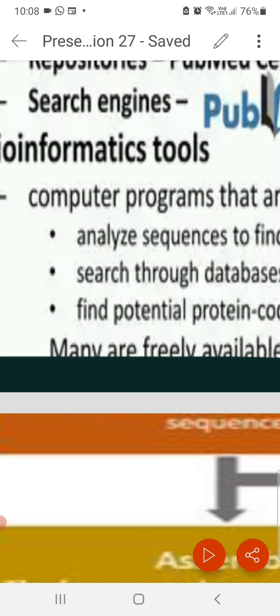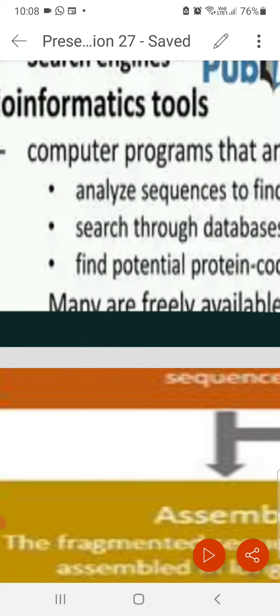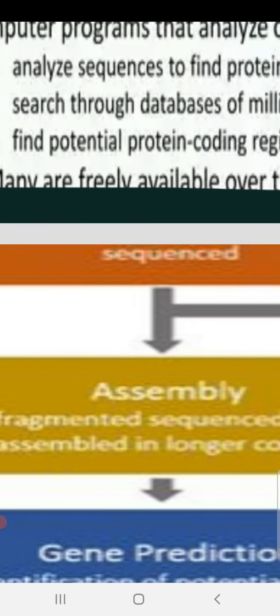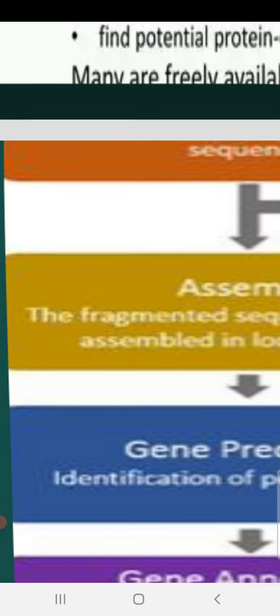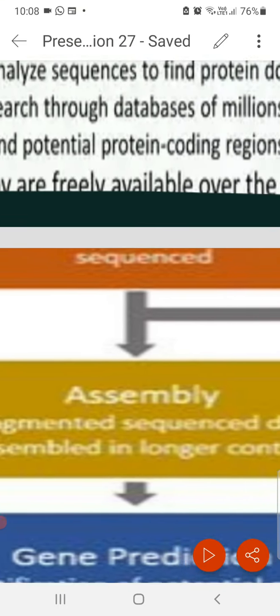For these software programs, the sequences can be identified, and first they have to be sequenced, and the databases of the sequences can be stored, and these stored sequences have to be joined together. That processing is called assembly.